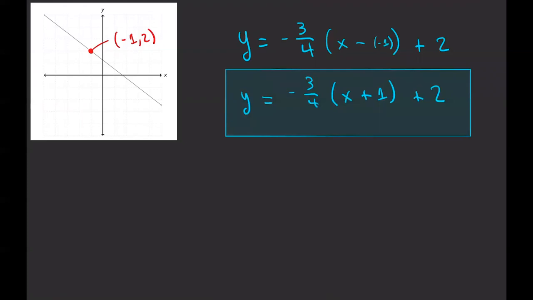You do not have to simplify it to slope-intercept form. You can if you would like, and if you do, you're going to get the same thing that we got before. Let's go ahead and show that work here. Distribute out this -3/4. And again, we're seeing that 2 minus 3/4 gives us that 5/4 again.